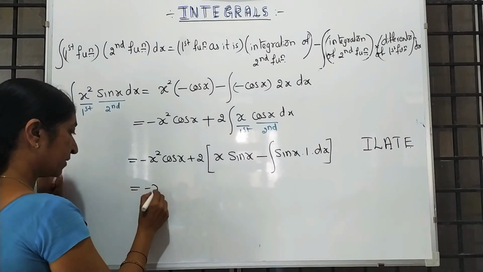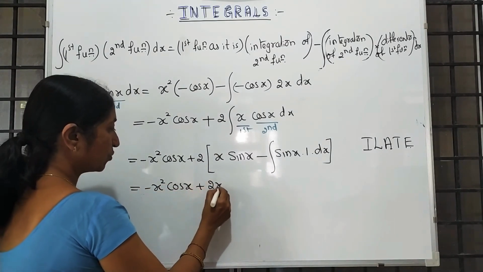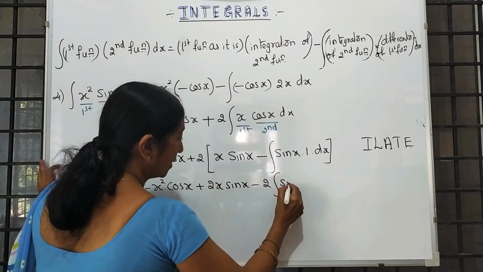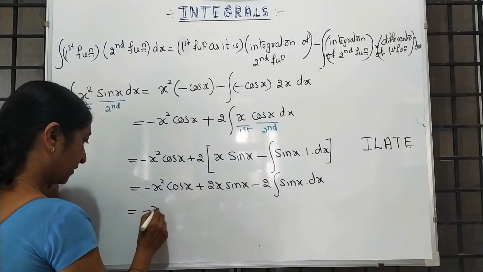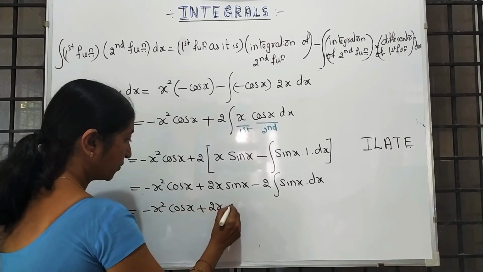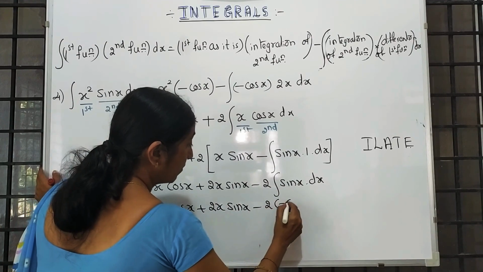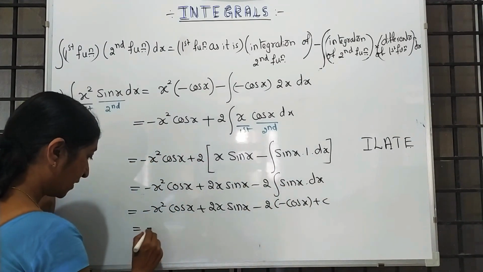First remove the bracket. Minus x square into cos x plus 2x into sin x minus 2 into integration of sin x into dx. This is minus x square into cos x plus 2x into sin x. Integration of sin x is minus cos x, because only one term is there.